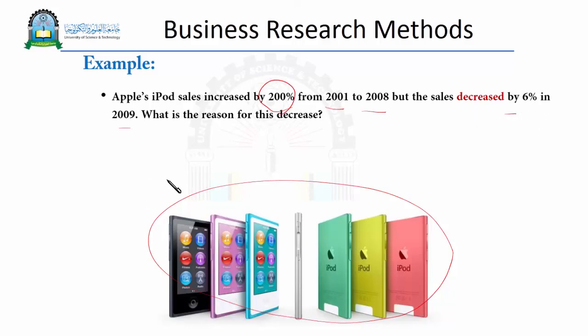So this is a practical problem faced by Apple in that timing. So what is the reason for this decrease? So this is going to be for Apple and for this type of product. So it is applied research.